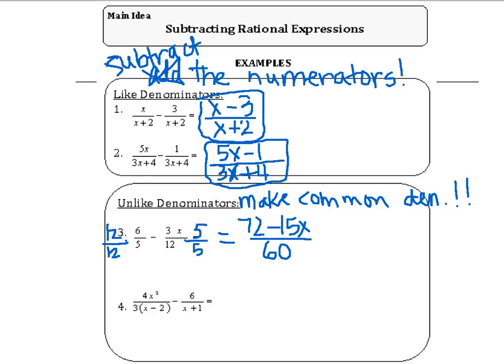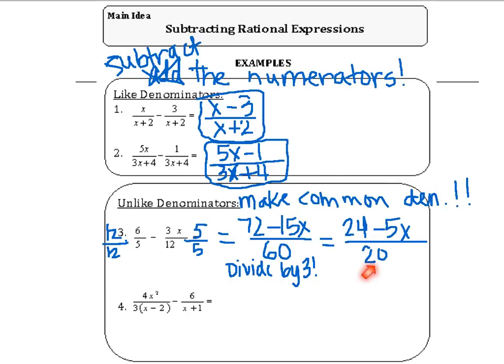So we need to divide them all by 3. So I'm going to put a little note here so you remember what we did. Divide by 3. So if I divide 72 by 3, I get 24. 15 divided by 3 is 5, and then I still have my x, and 60 divided by 3 is 20. Now looking here, 24, 5, and 20, those don't have any common factors, so I know that this is my simplified form.